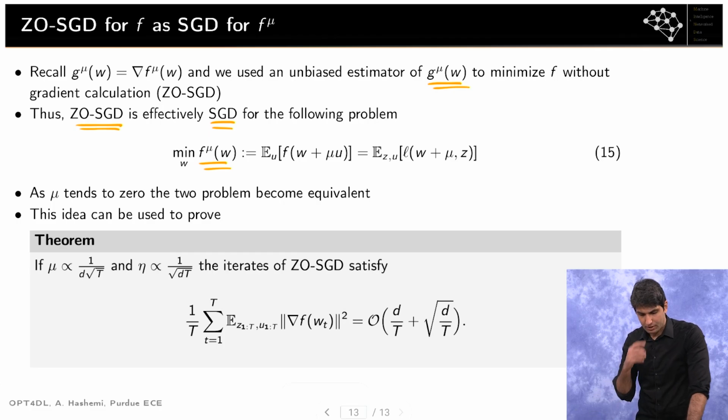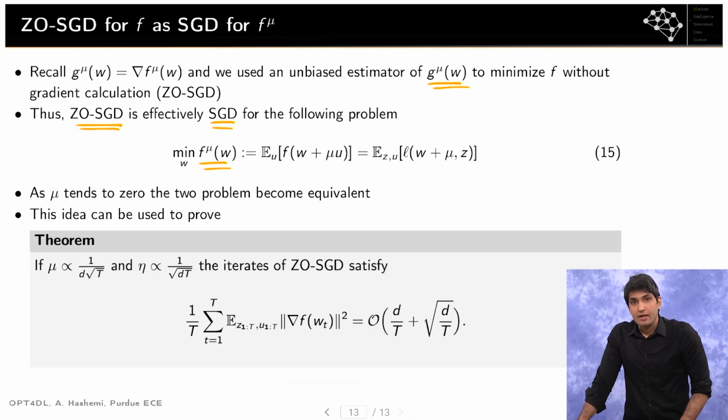Now we have two problems, and they are different, but they're going to become more and more similar as the smoothing parameter approaches zero, because f_mu, the loss function for this new problem, is going to converge to the loss function of the original problem.